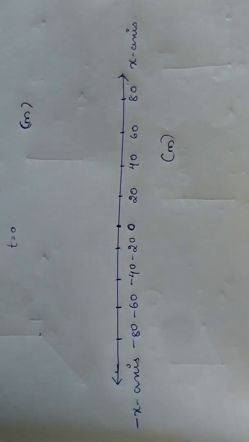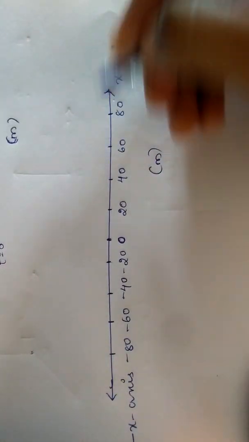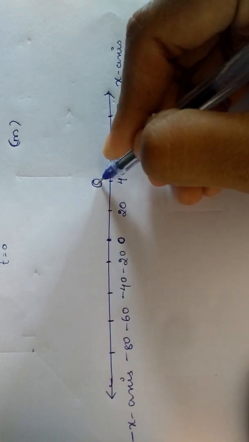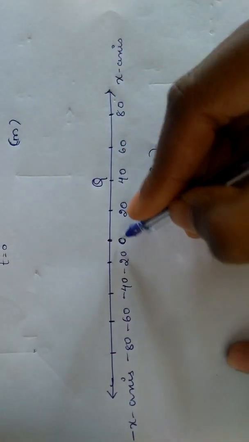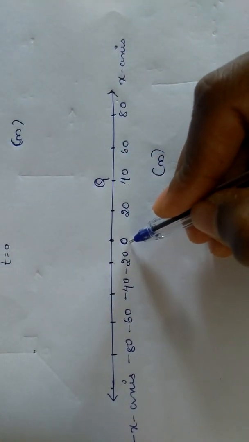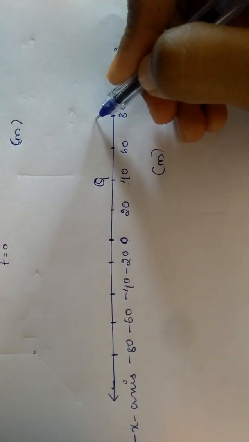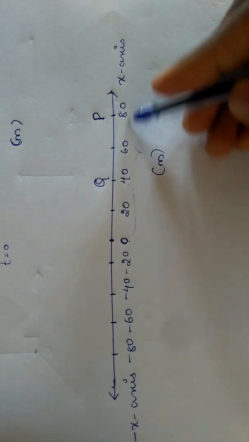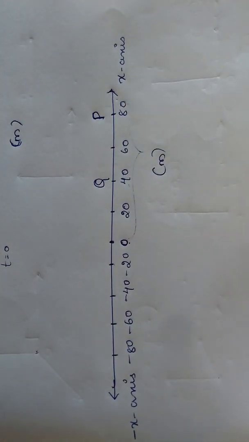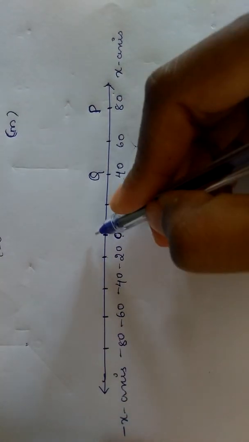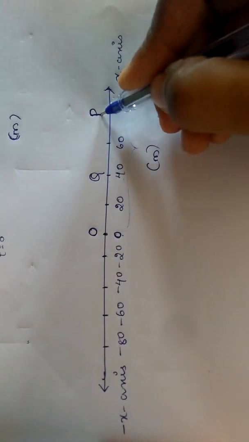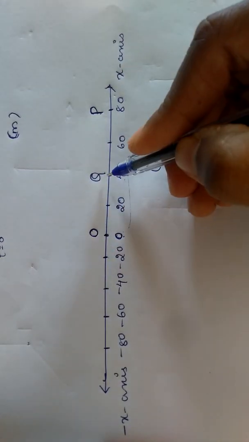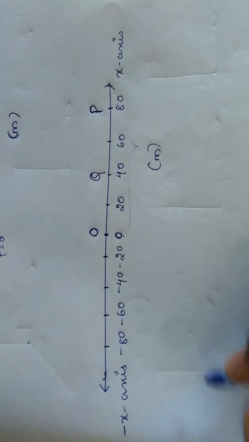The scale is in meter. So if the particle is at Q position, then the distance covered by it from the origin is 40 meters. If it is at P position, then the distance covered by it will be 80 meters. So this distance from point O to P, or from O to Q, is known as path length.